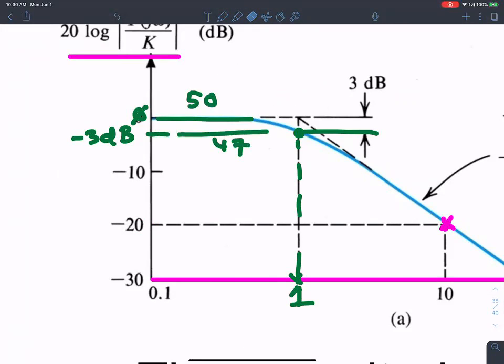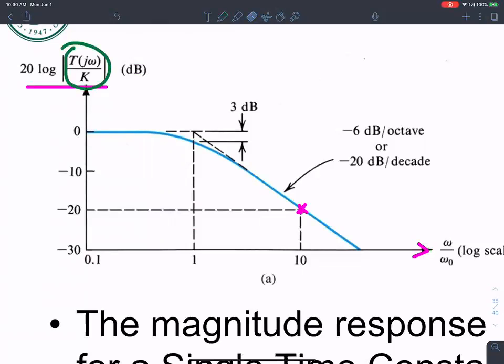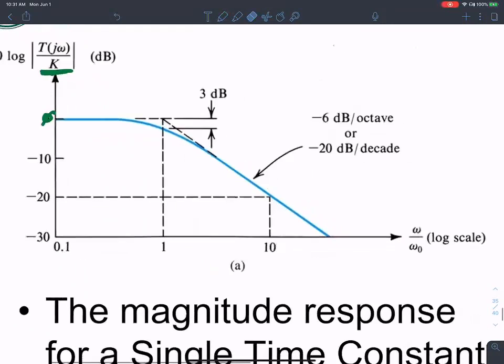And you see these numbers, 0 for magnitude here, because you are normalizing. All of these are normalized values. The magnitude of the gain is normalized, and the x-axis frequency is also normalized to the pole frequency, at 1 times omega naught. It's all normalized.